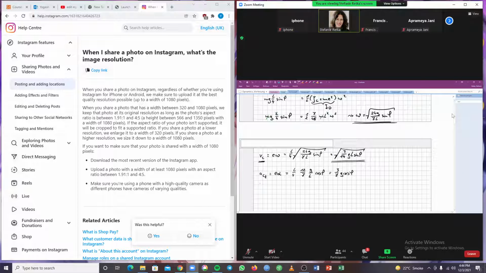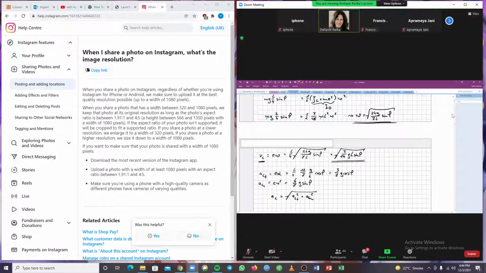And then the normal component is E omega square, which results into 6 over 7 G sine phi. Okay, and then building the absolute value of the acceleration of the center of gravity, square root of ACT square plus ACN square.